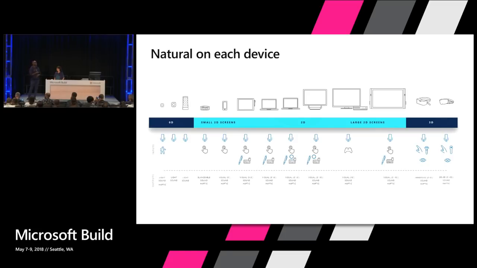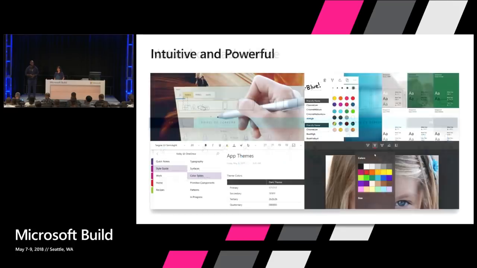And how do you orchestrate input from touch, gaze, gesture, voice, keyboard, mouse, pen and ink? The list goes on and on. Which leads us to, how do we deliver utility that's both intuitive and powerful while you're natural on each device and creating something that's immersive and engaging?